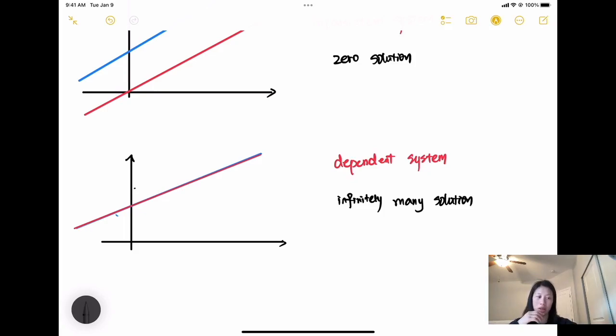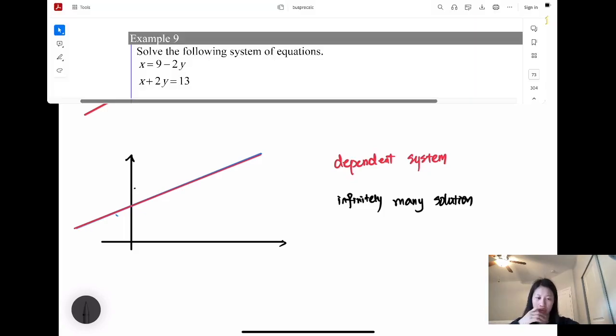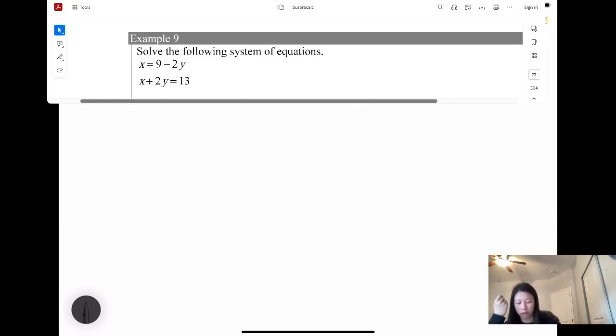So let me show you an example. Okay, let's solve the following system of equations. We have x equals 9 minus 2y and x plus 2y equals 13. Try to solve it without using the graphing calculator and see what we get.